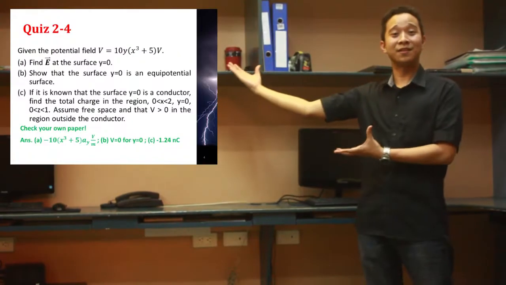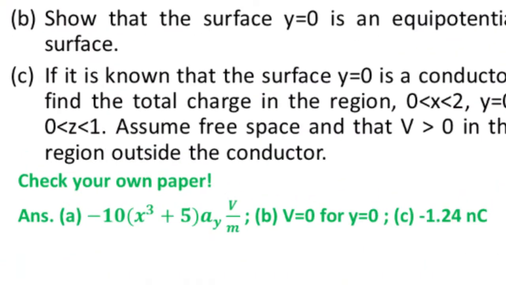Here are the answers and let's take a closer look. Check your own papers with a maximum of 10 points. If you fail to get the correct answer, please try to work on it again. I will give the solution at the end of this lecture.